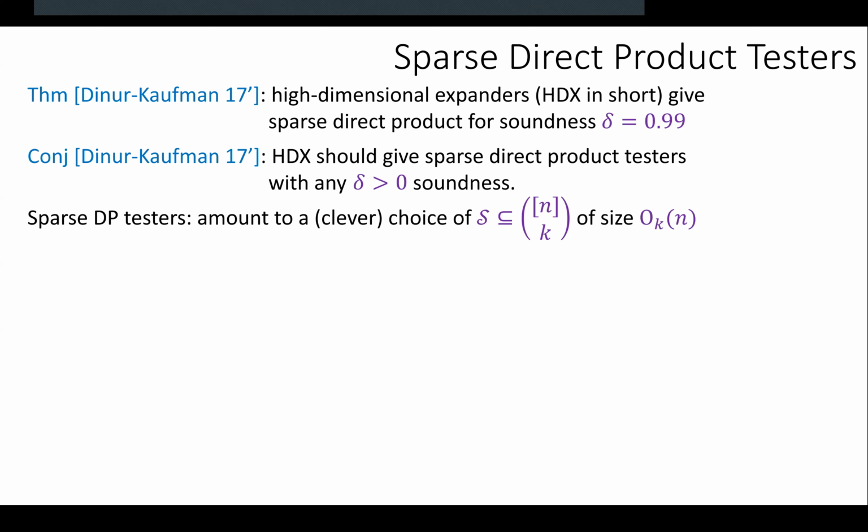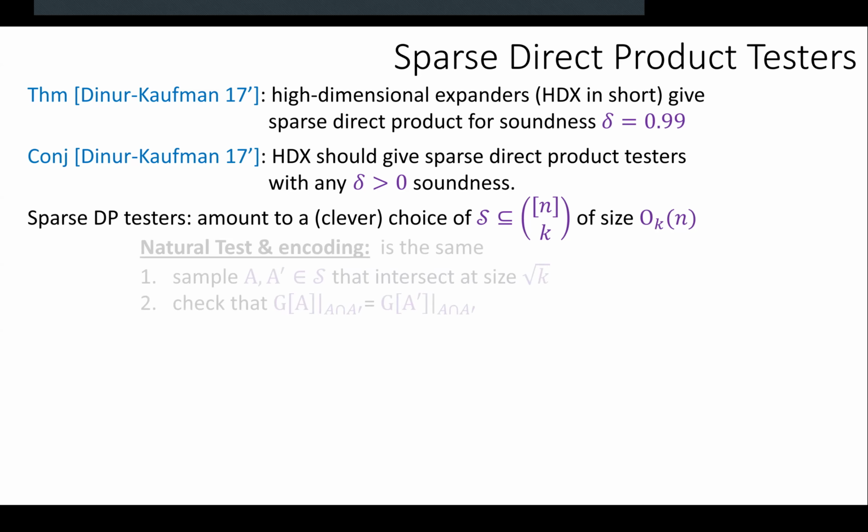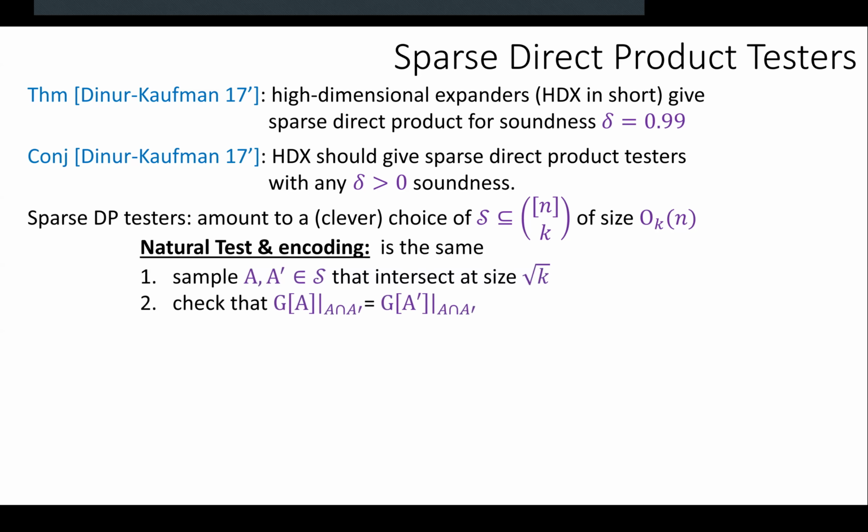So really all of the cleverness goes into designing this test. The test is still going to be the same standard one: two sets, cleverly chosen, that intersect in a large enough subset, and you check consistency.